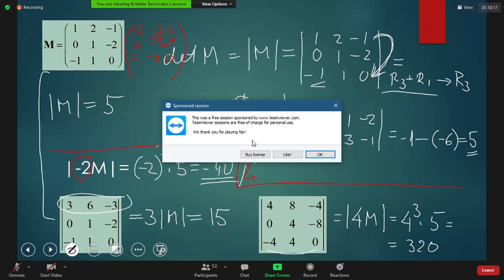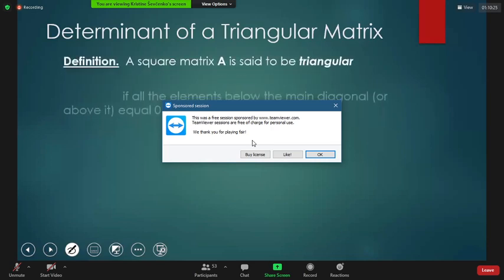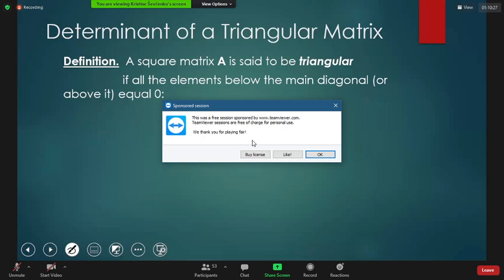And now I do believe we have the determinant of a triangular matrix. We already saw that. If we have all elements below the main diagonal zeros, on the main diagonal we might have a 0 or not.